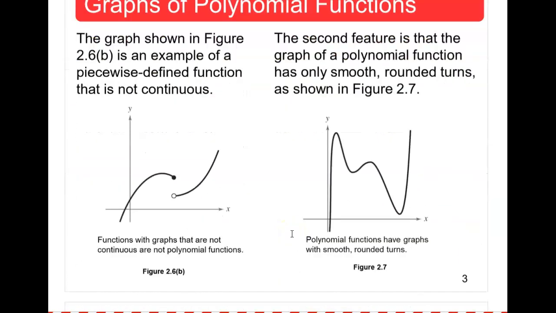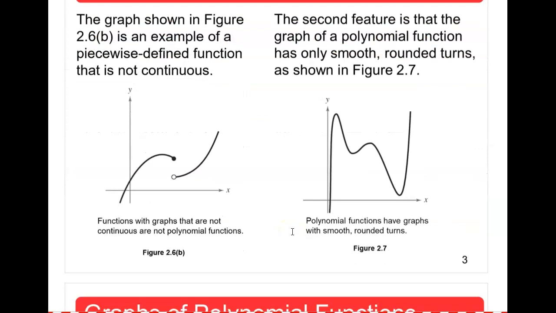So here, on the left, we have graphs that are not polynomials. This one, for example, is what I was mentioning about piecewise functions. It is piecewise, and also it is not continuous. You can see that gap here. So there's a break. And then the graph on the right is a polynomial.